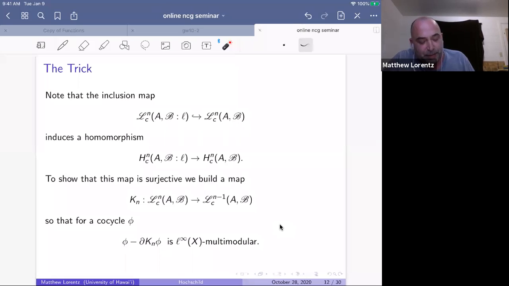And to show that that map is in fact surjective, they build this map K_n, which is quite a complicated map that we'll see in a moment. That's going from the n-dimensional maps to the n-1 dimensional maps. And so if we take a cocycle, say phi, we modify it by this coboundary, where we're taking the boundary of K_n of phi. This is going to be L-infinity multimodular.